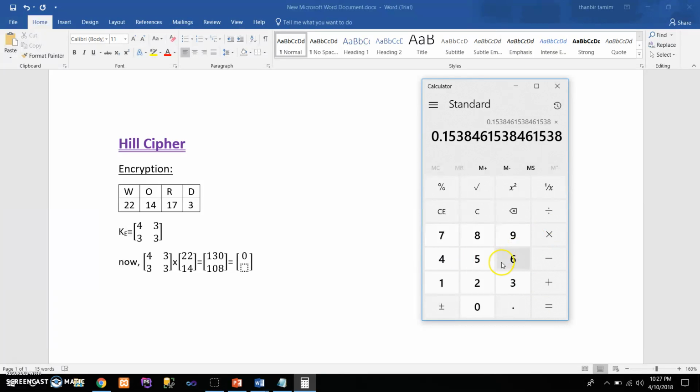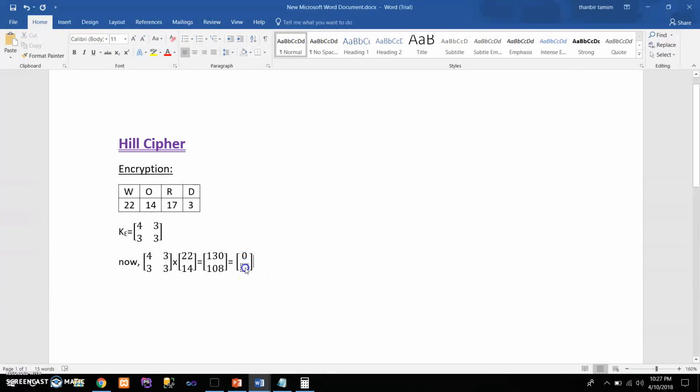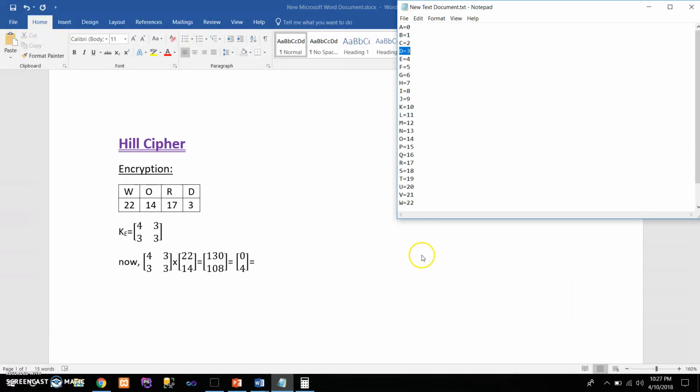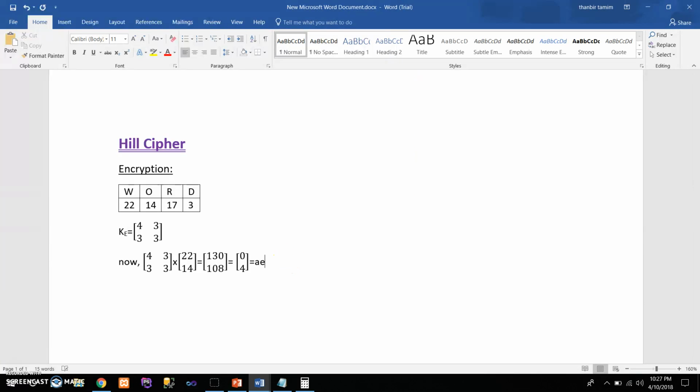So multiply by 26. So this is the modding process, and our mod is 4. So we will write the value of 4 and 0. So the value of 0 comes from here, A, and 4 is E. So we can write A, E.